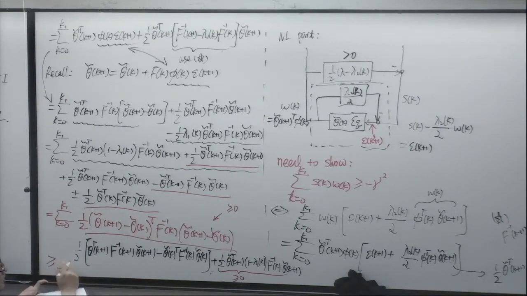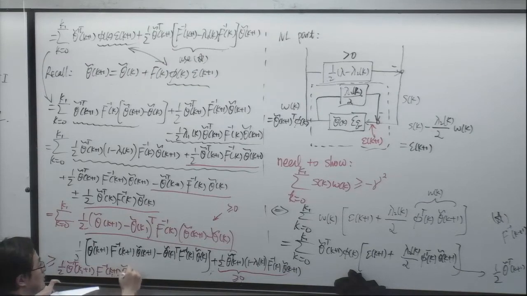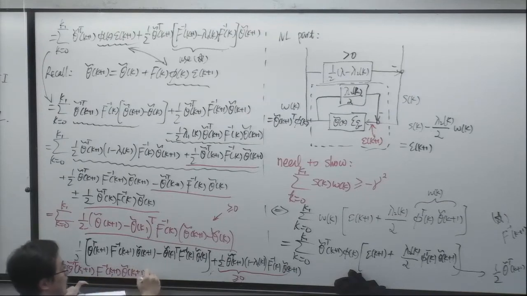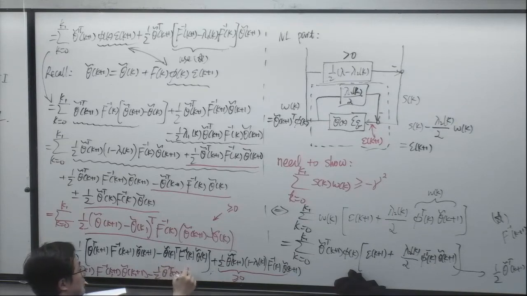This time, after the summation sign, it is going to be larger than or equal to negative half of, actually I want to write 2 steps. It's going to be larger than or equal to half of theta tilde transpose k1 plus 1, the 2 boundaries essentially, minus half of 0, the initial value.